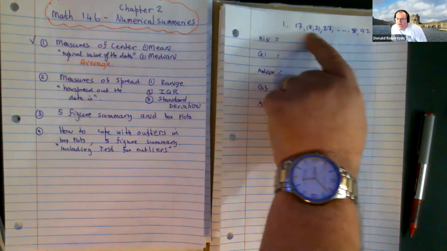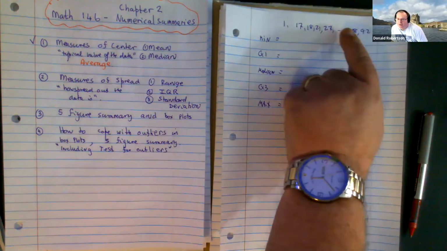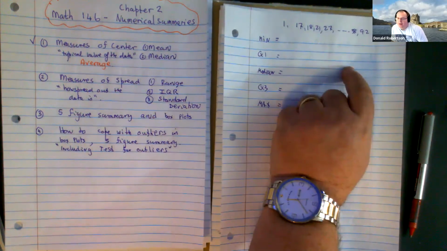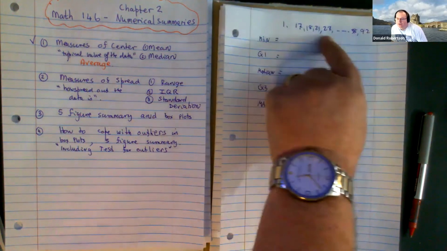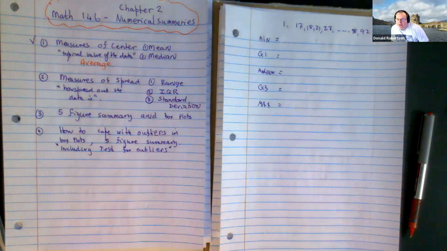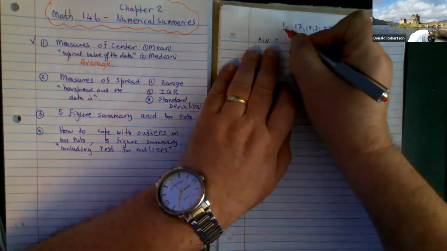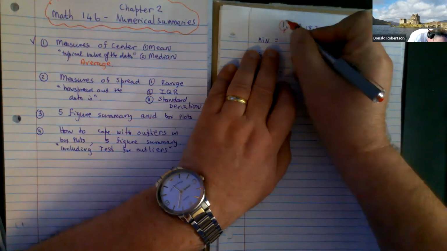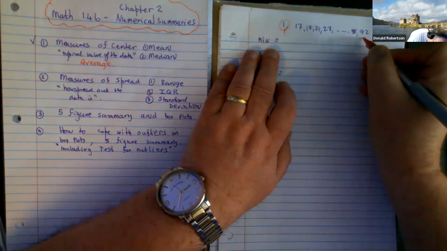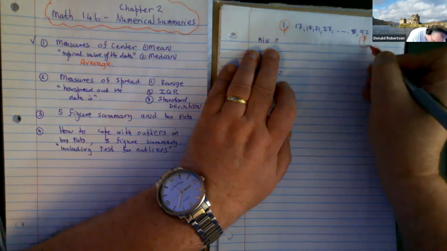So I had a whole load of data, a big chunk of data, dot, dot, dot, because there's a lot of numbers in there, and it started at 1 and it finished at 92. The candidates for being outliers are always going to be the extremes. So would you agree that that one there might be an outlier and that 92 there might also be an outlier? Agreed?